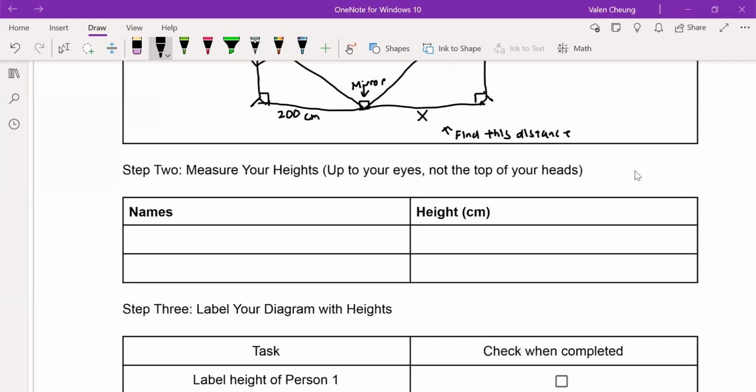And once you get your heights, you should record them in this table. So let's say Bob is the first person, and Bob is 157 centimeters. Let's say Jill is person 2, and she is 168 centimeters.